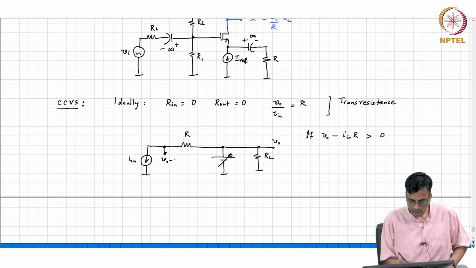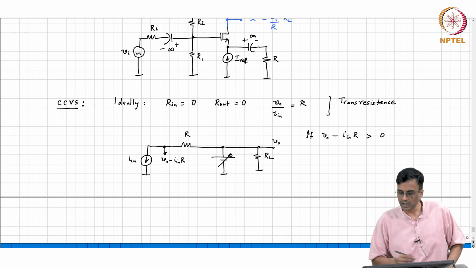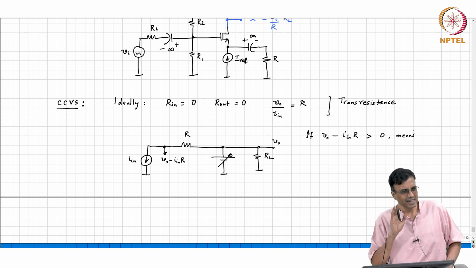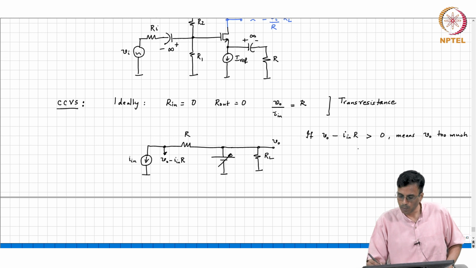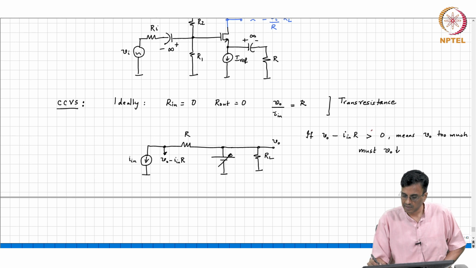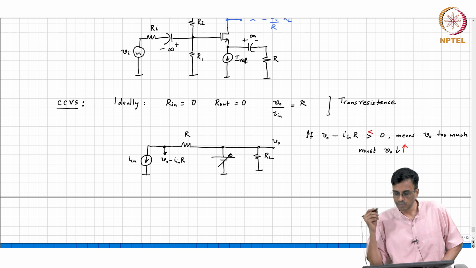V naught minus In times R, and if that is greater than 0, it means V naught is too much and therefore must be brought down, all right, and if it is less than 0, V naught must be pushed up, all right.